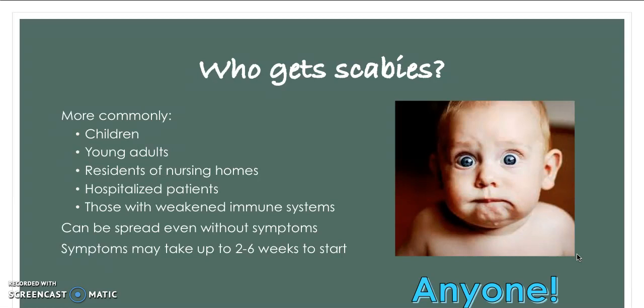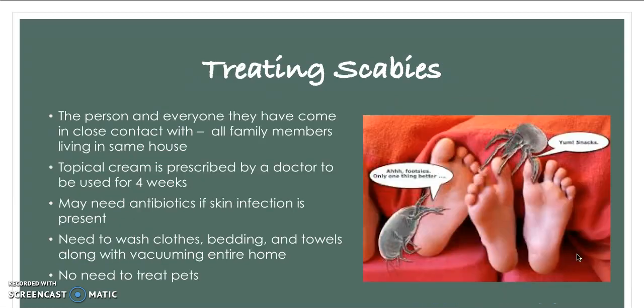They can spread even without symptoms. You won't even be having symptoms because sometimes they take up to 2 to 6 weeks to start. And it can already be spread onto multiple other people who they have come into contact with, or who have come into contact with some sort of clothing that they were using. So anyone can get it.